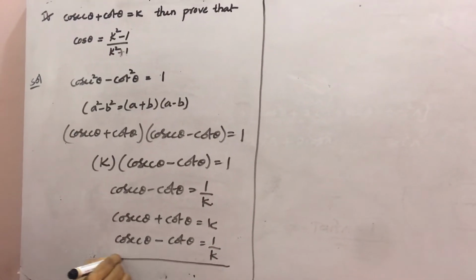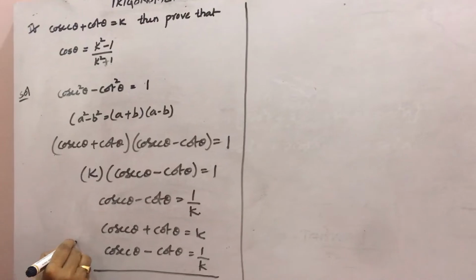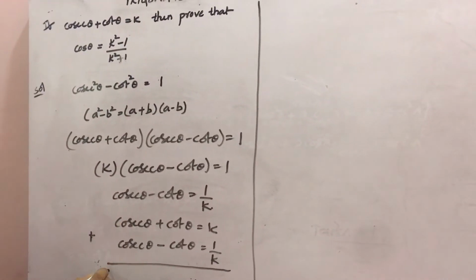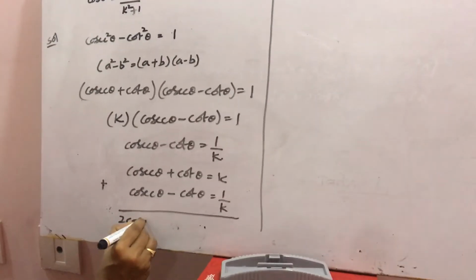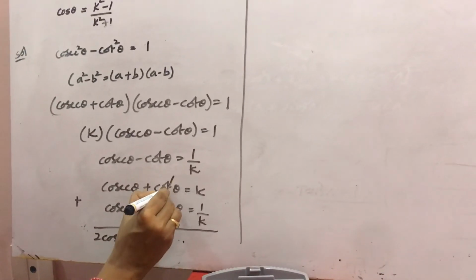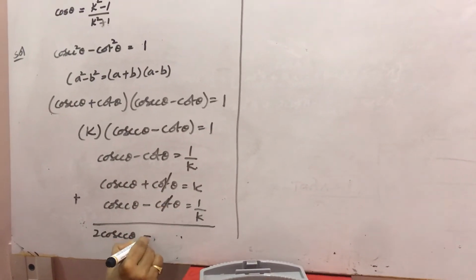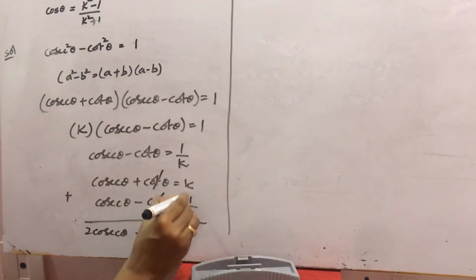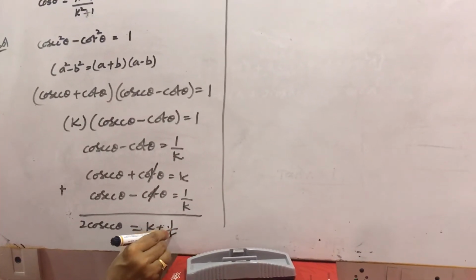If we solve these two equations, if we add these two equations, cosec theta plus cosec theta, you'll get 2 cosec theta, plus cot theta minus cot theta gets cancelled. Here we will get k plus 1 by k.